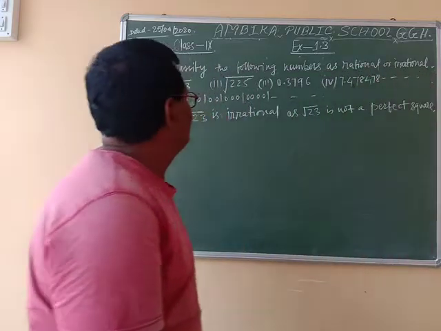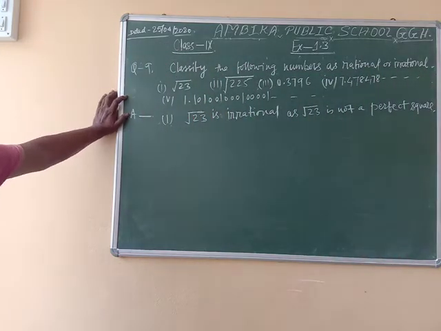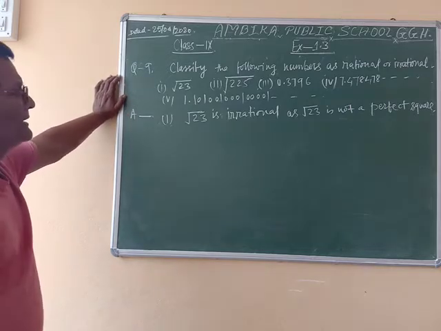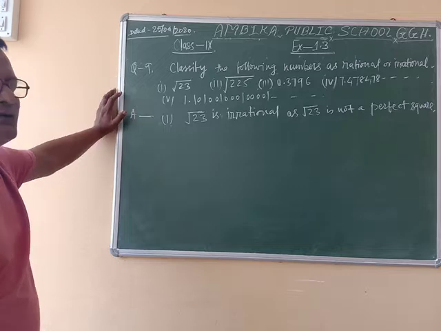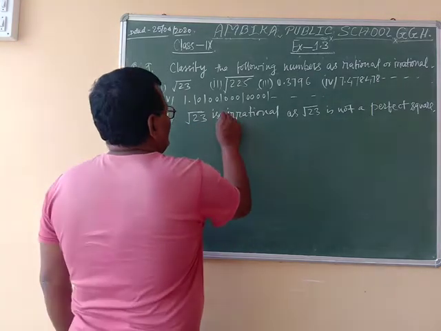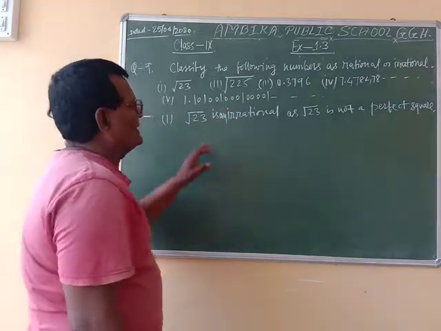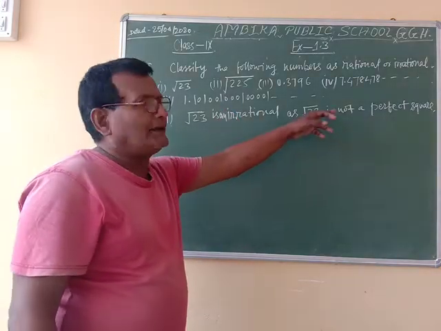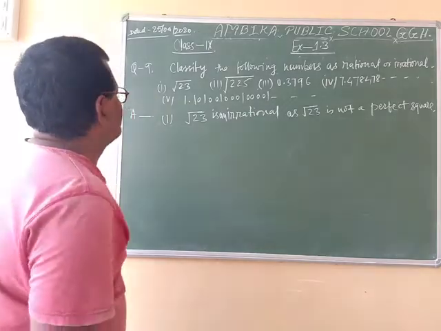We know that if a number is not a perfect square, then it is irrational. So root 23 is irrational, and root 23 is not a perfect square.